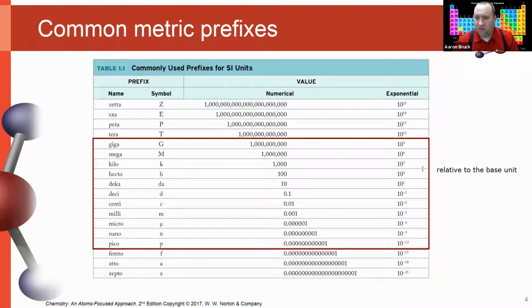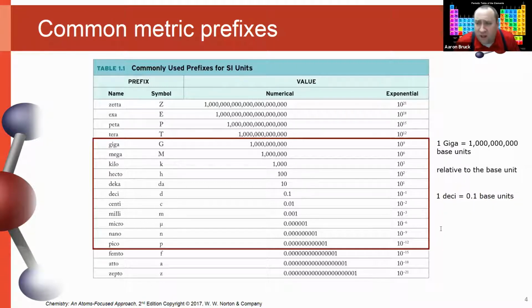So what that means is that 1 giga is equal to 1 billion base units. And 1 deci is equal to 0.1 base units.